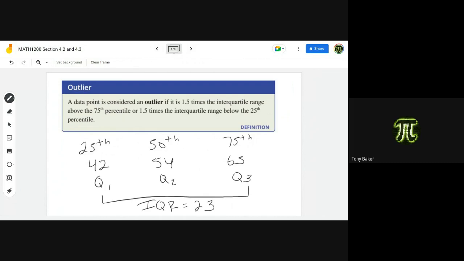What's 1.5 times 23? Okay. So I'm going to add 34.5 here, and I'm going to subtract 35.4 here. So this one goes up to 99.5.